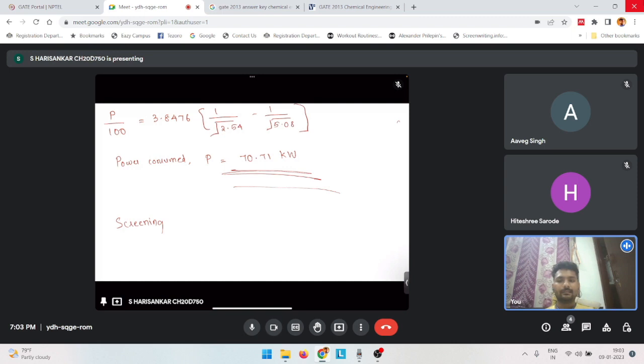Next class we'll look into something called the effectiveness of screening, and we'll look into some detailed equations with regards to screening and sieving, and if time permits, we'll also look into settling of a particle.